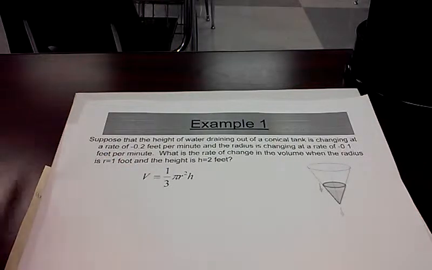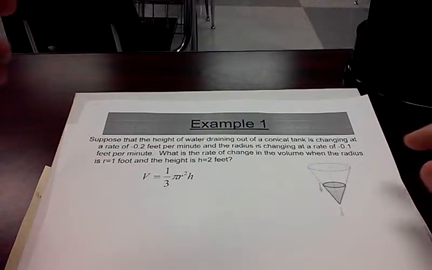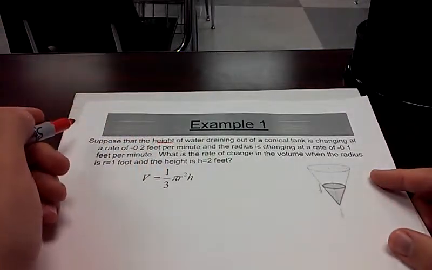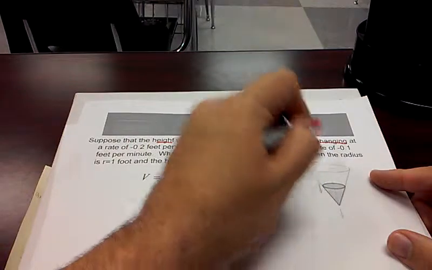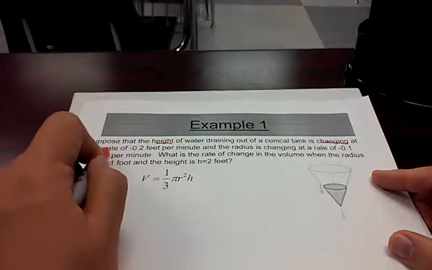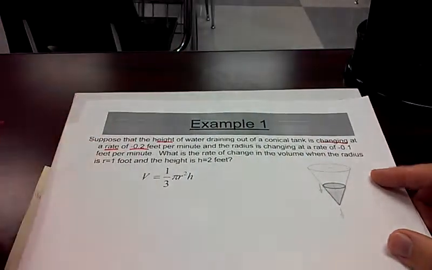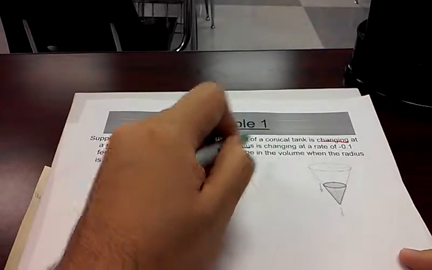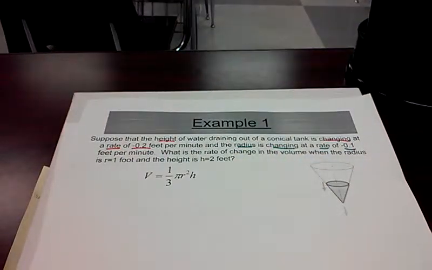Now I'm going to go ahead and underline some stuff. Notice that the height of the water draining out of a conical tank is changing at a rate of negative 0.2 feet per minute, and the radius is changing at a rate of negative 0.1 feet per minute.